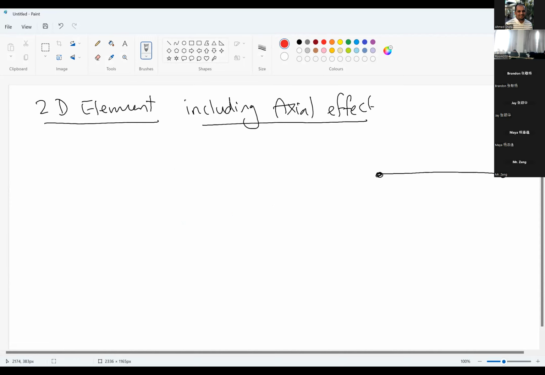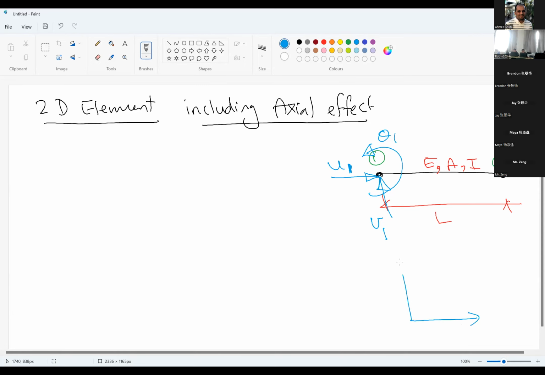The properties we know for this element will be E, A, and I. The length of this member is L. We have for this member node 1, node 2. What are the degrees of freedom we have here? We have 3 degrees of freedom. So we will have U1, V1, and rotation theta 1.